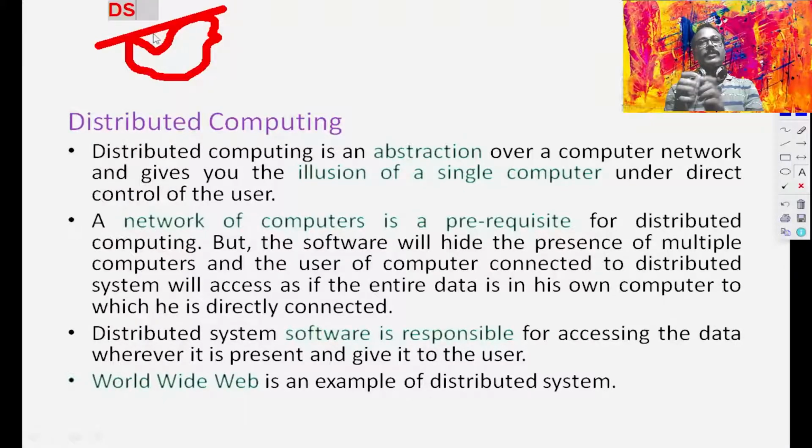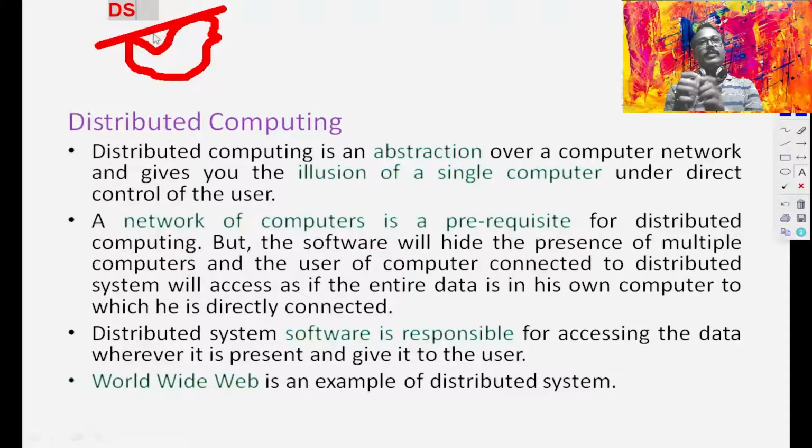If you have just a network, you have to actually know where the data or information is available, connect to that computer, and then retrieve the required information. Because it is difficult, a layer of abstraction is created over the network and is called a distributed system.